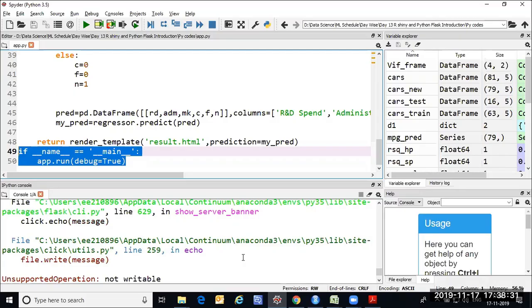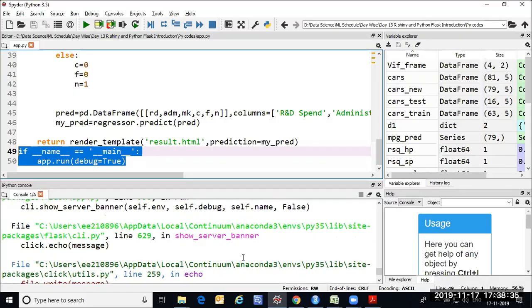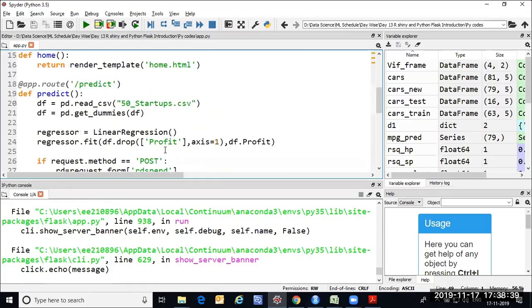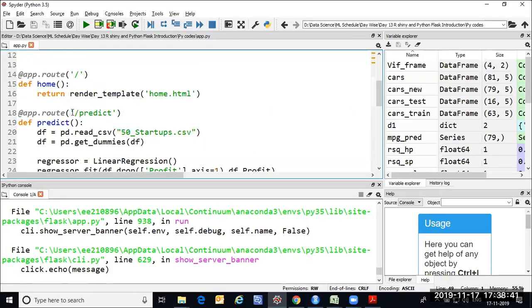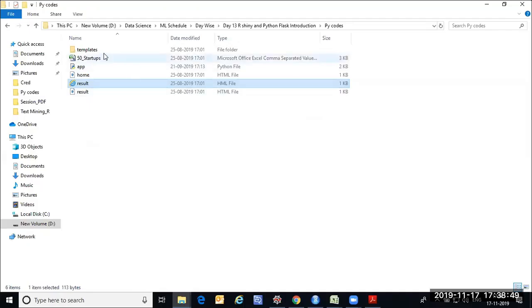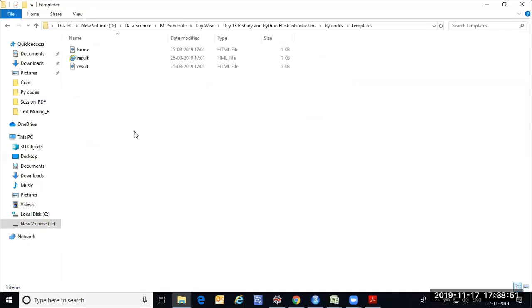App.route equal to predict slash predict. Result.